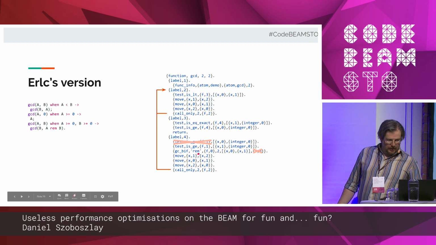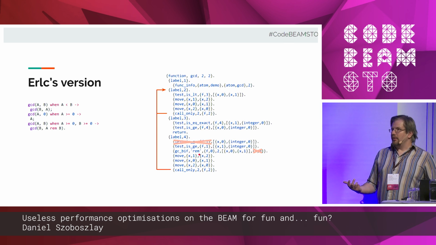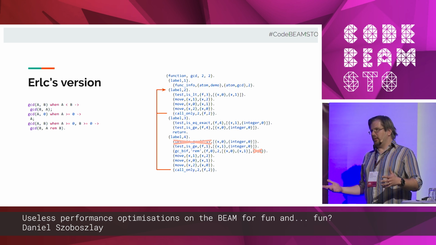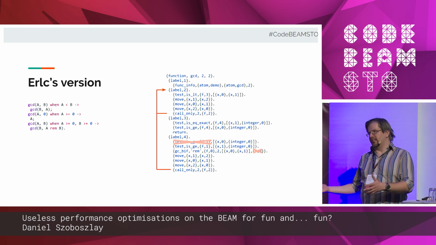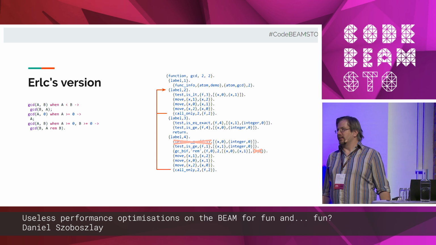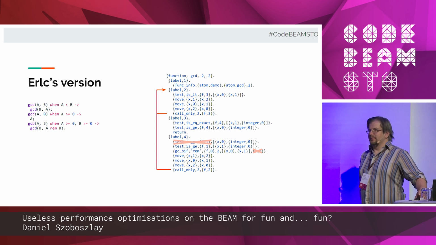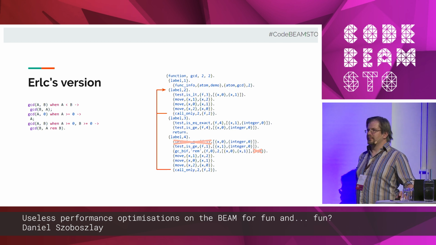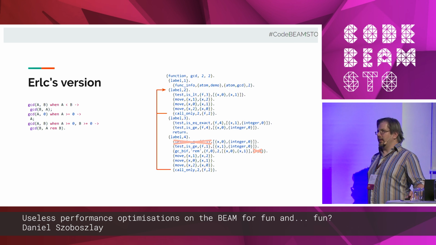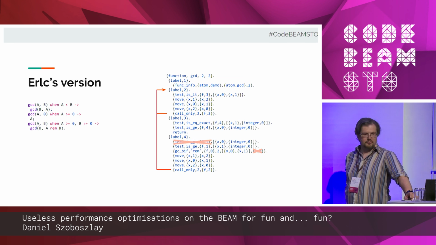If here we have a BIF called to RAM, you cannot trace this. If you would write a call to the Erlang function explicitly, then it would be a function call, and then you could trace it. But normally you cannot trace these operators. You cannot trace guard BIFs, and operators are guard BIFs, even if they're not in guard context. It's the same instruction. Okay. All right. Thank you.